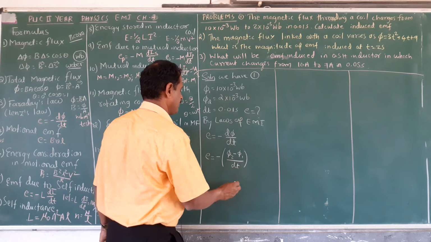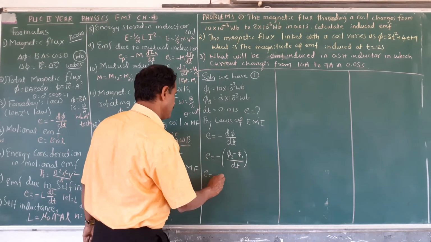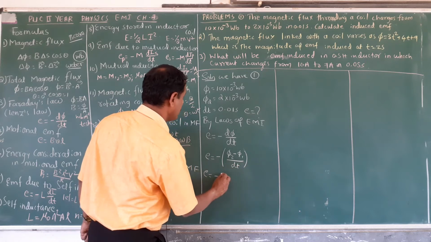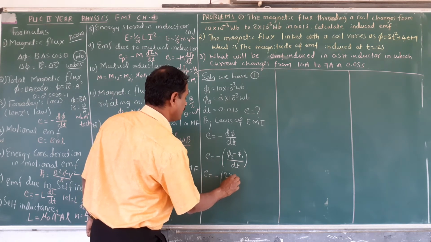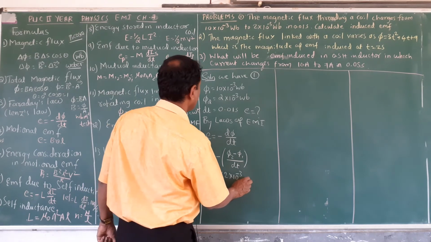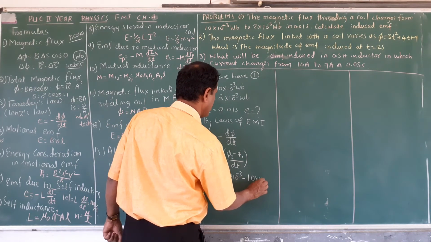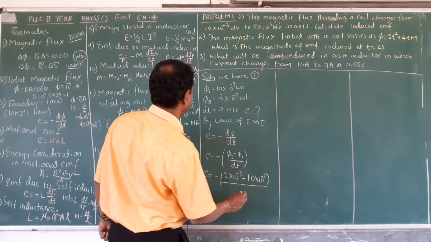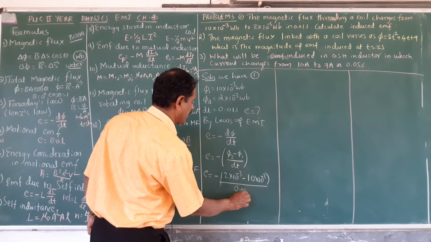Phi 2 is 2 into 10 to the power of minus 3, minus phi 1 which is 10 into 10 to the power of minus 3, divided by dt which is 0.01.